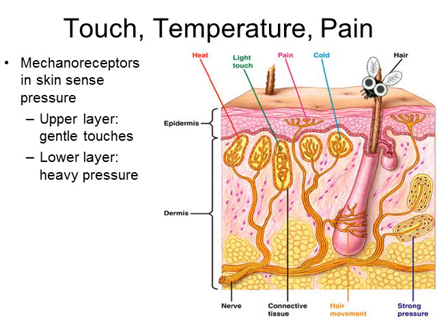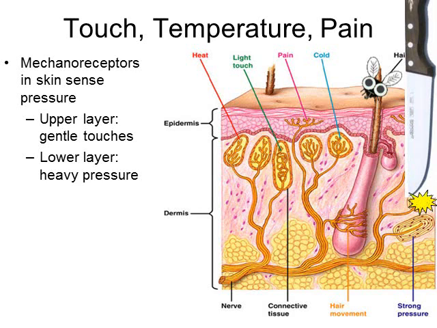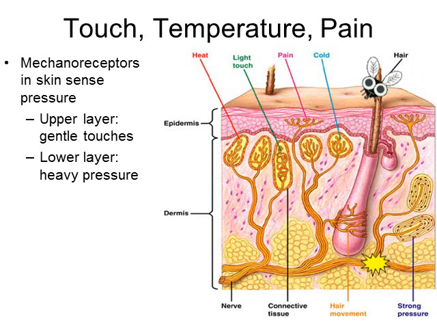As I mentioned, in the lower levels of the skin, we have heavy pressure sensors. You can see some heavy, strong pressure sensors in the lower right-hand corner. Watch this. This is kind of a morbid animation. Oh no, we have a knife coming and stabbing a person in the arm.